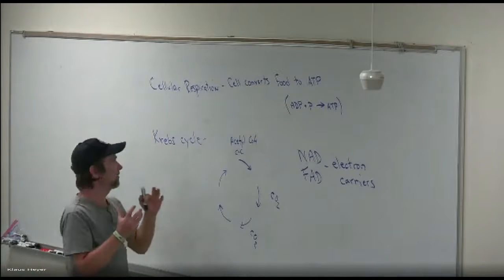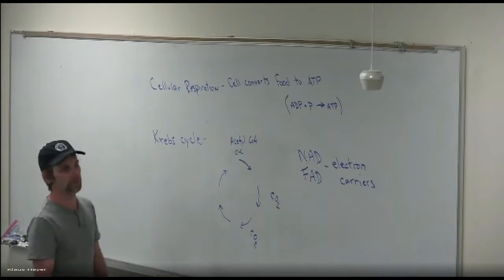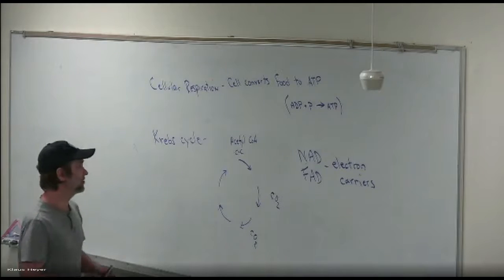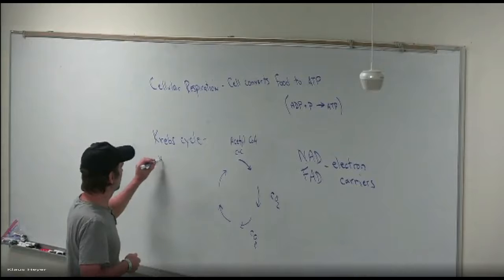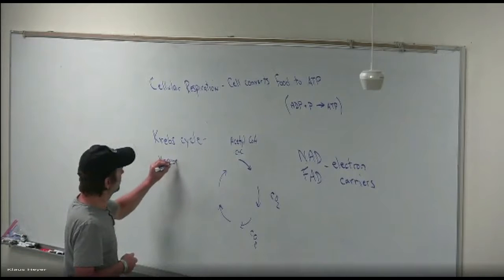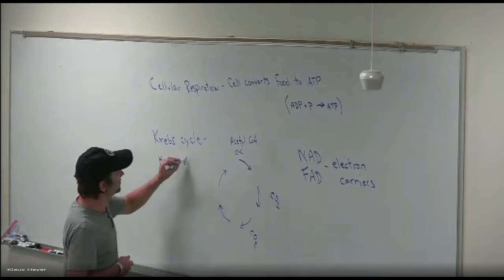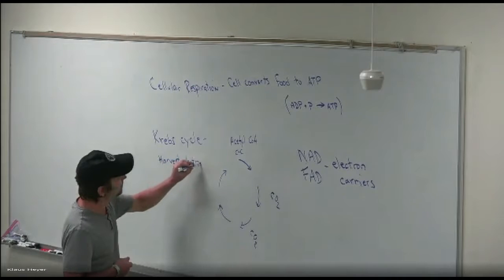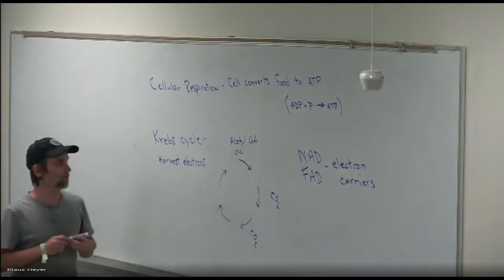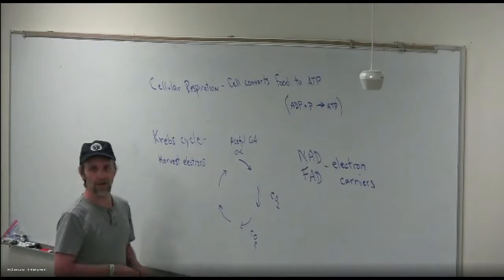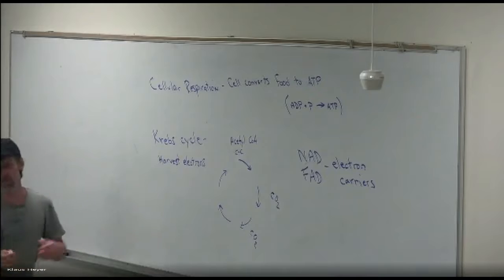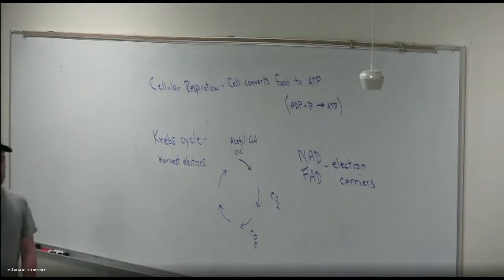So what's the point? The important thing that you're getting from the Krebs cycle is electrons. Electrons are a form of energy. We just want the electrons off of this acetyl-CoA. In fact, it's taking the electrons off the hydrogens.